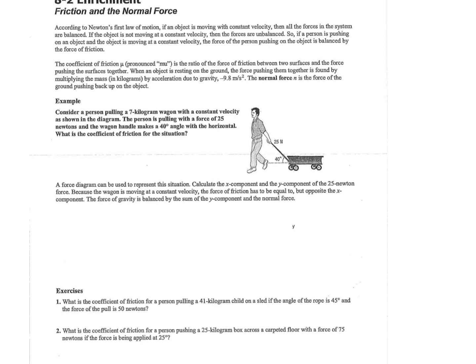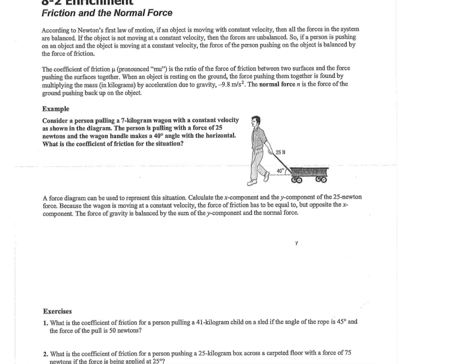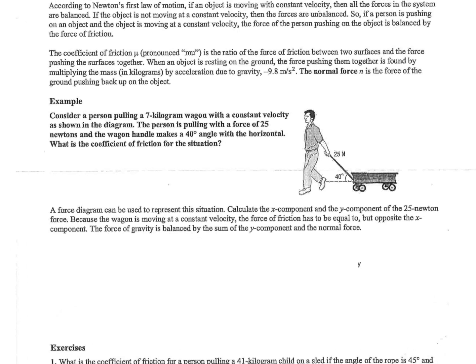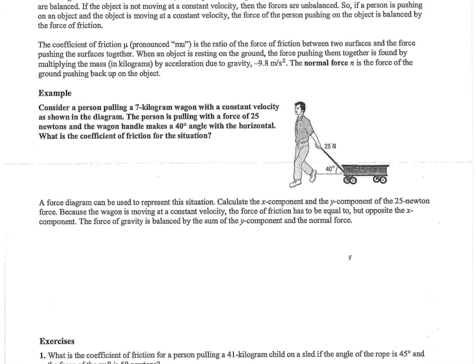All right, so there's a formula for that. Did you know that? There is a formula for this. It says the coefficient of friction is the ratio of the frictional force between two surfaces and the forces pushing the surface together. In other words, we find the force pushing them together by the mass times the acceleration. In other words, the force of friction, which we write this way, is the coefficient of friction times the normal force.